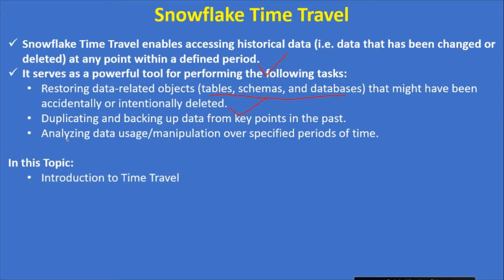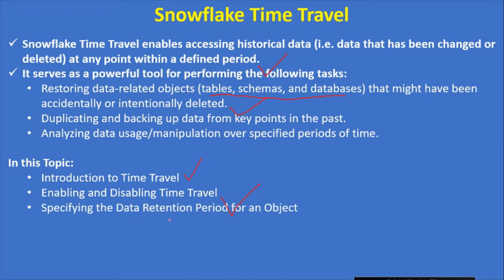In this topic, what we are going to discuss: introduction to time travel, enabling and disabling time travel, specifying the data retention period for an object, and how we are going to specify it. The fourth one is changing the data retention period for an object, how we are going to change the existing retention period.